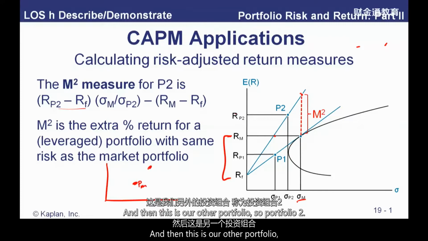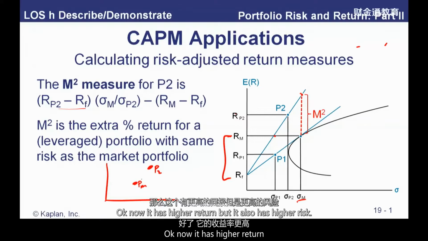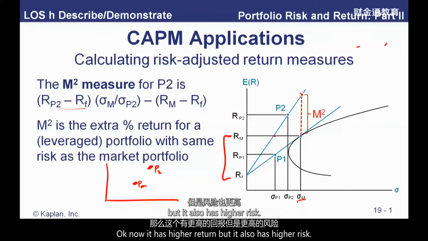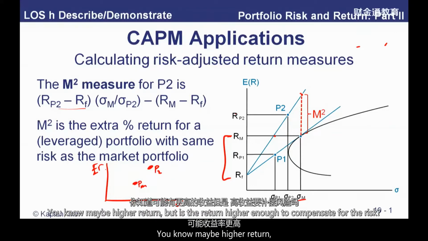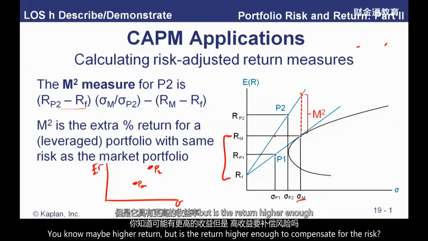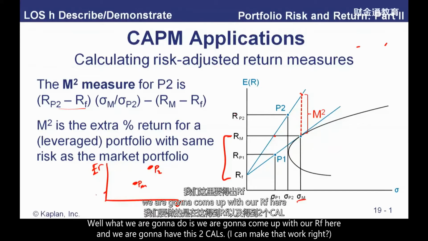And then this is our other portfolio, so portfolio 2. Well, now it has higher return, but it also has higher risk, right? So it's less obvious that it is a better portfolio. It may be higher return, but is the return enough to compensate for the risk? Well, what we're going to do is we're going to come up with our RF here, and we're going to have these two cows. If I can make that work.